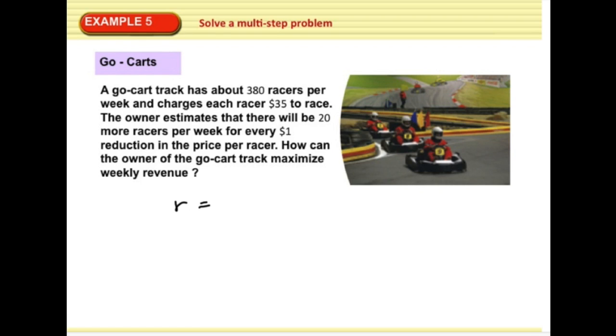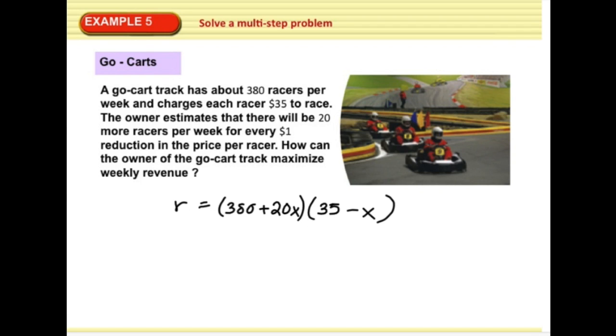Revenue is going to equal 380 racers per week times $35 for the charge, right? And what they say is that there will be 20 more racers. So if I have 380 to start, I'm going to get 20 more for every dollar reduction in price. So 20x, and then if the price is 35 to start, every time I remove a dollar, I'm going to reduce the price and get those racers increased.